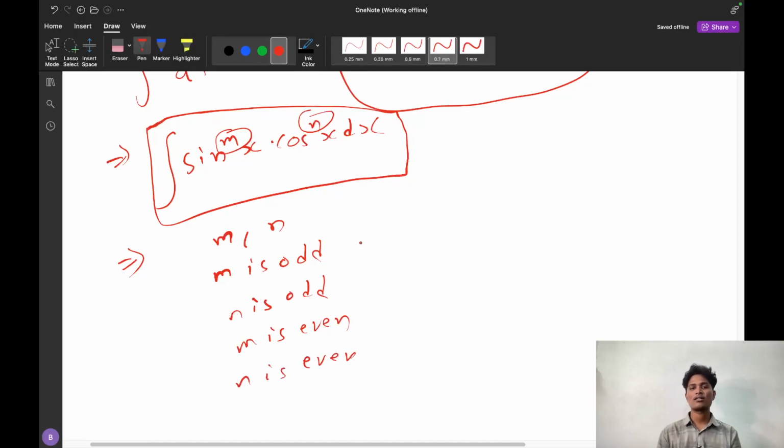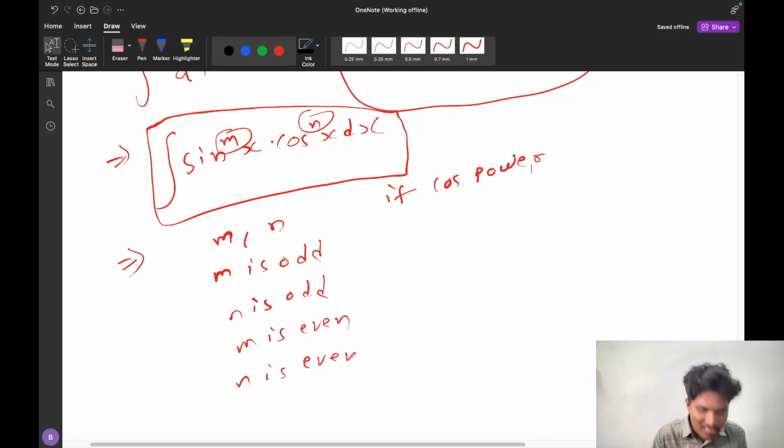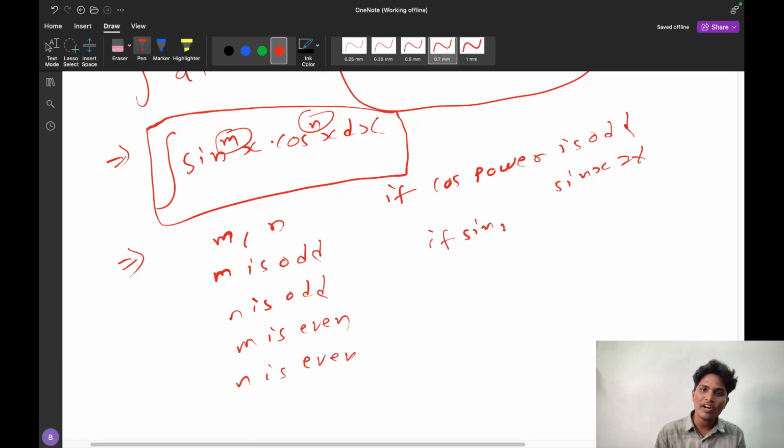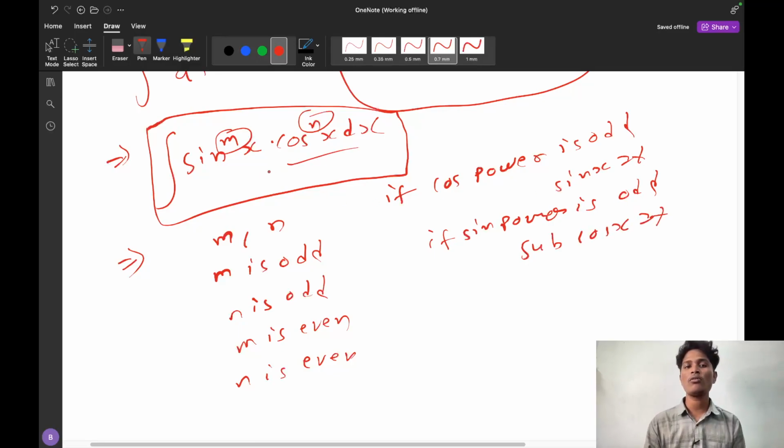If these are the cases, what we can do? If cos power is odd, substitute sin x is equal to t. If sin power is odd, substitute cos x is equal to t. That is, the power which is odd, we have to neglect it, and we have to use it.